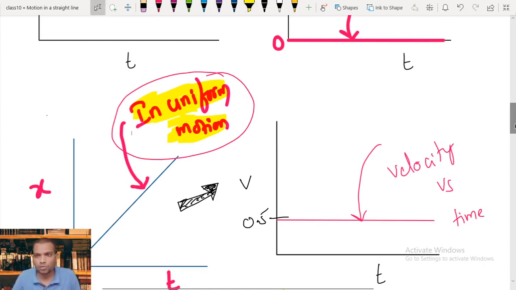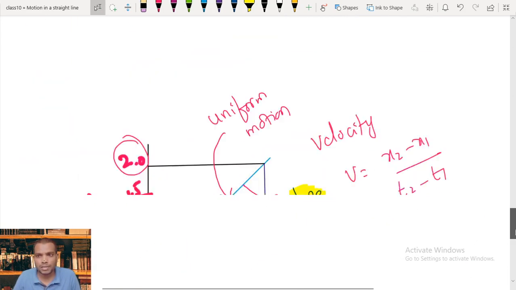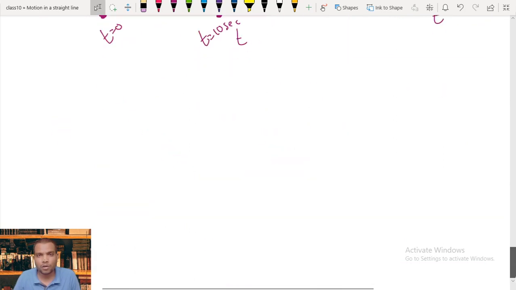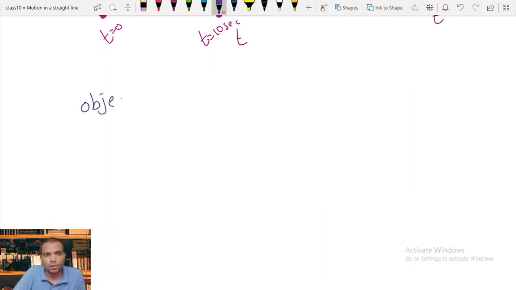So now I would like to talk about the position versus time graph for an object in non-uniform motion.